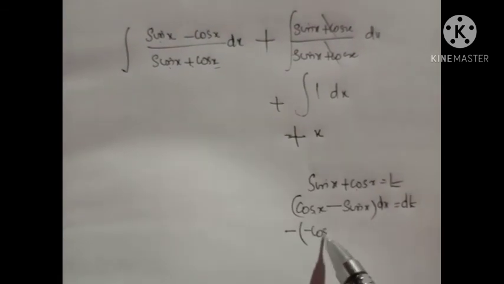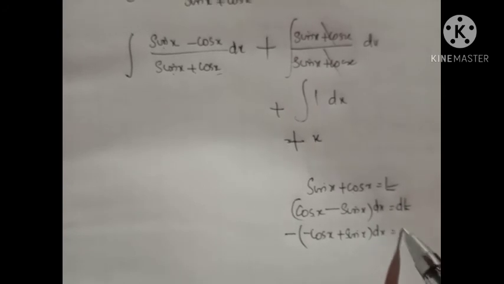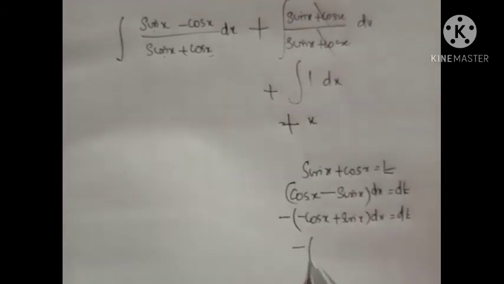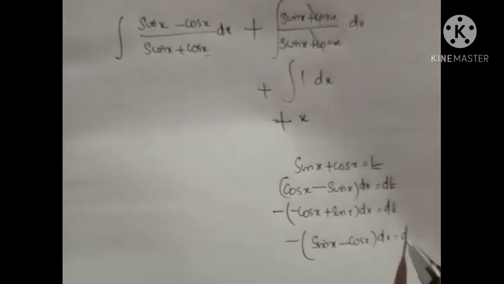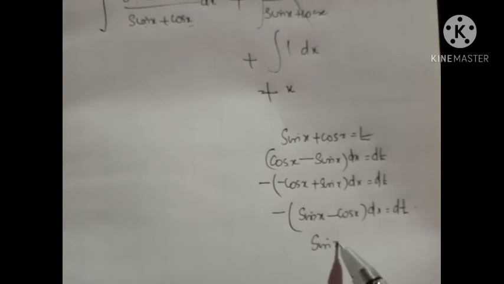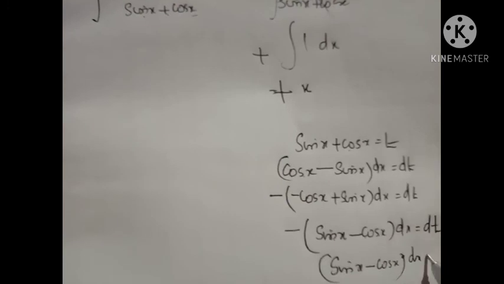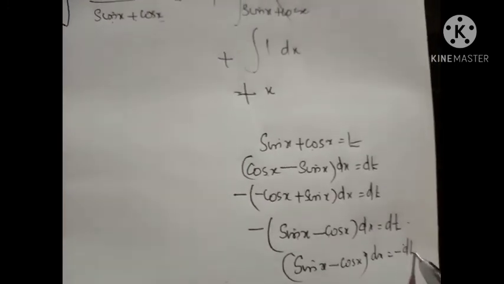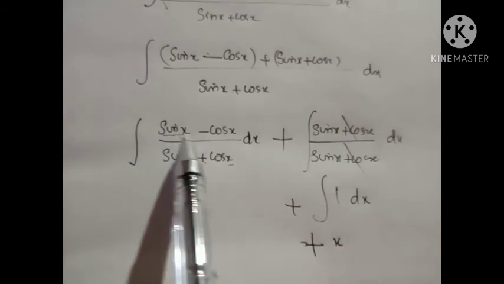So this becomes minus (sin x minus cos x) dx equal to dt. Okay. So (sin x minus cos x) dx equal to minus dt.